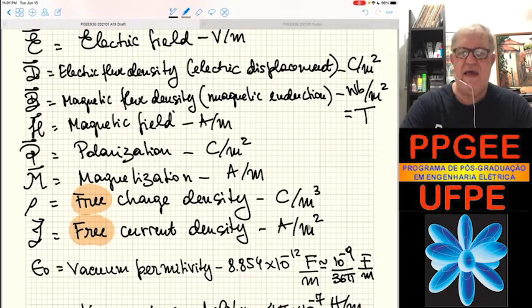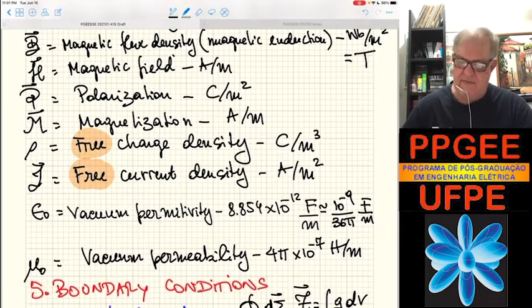And finally, we have the vacuum permittivity, which is a number given by 8.854 times 10 to the minus 12 farads per meter. That's approximately equal to 10 to the minus 9 divided by 36 pi.